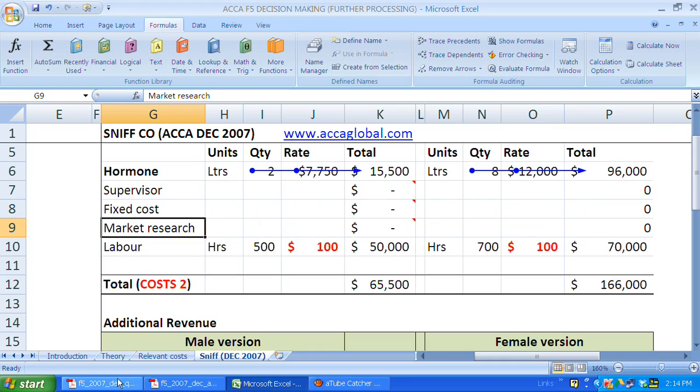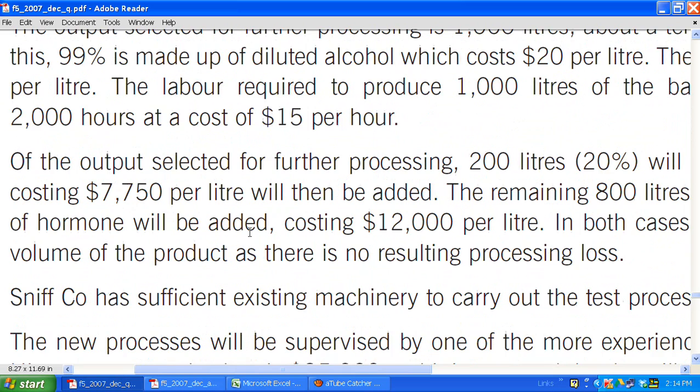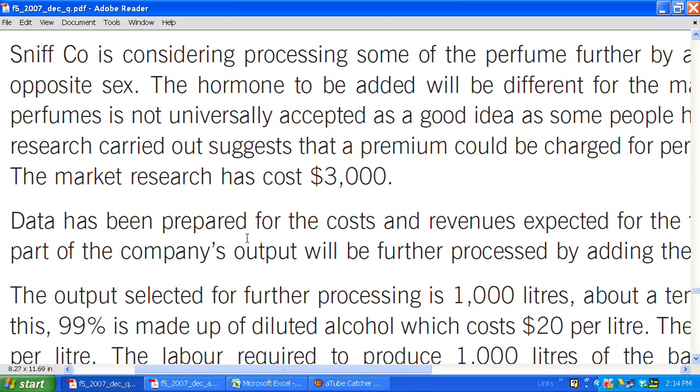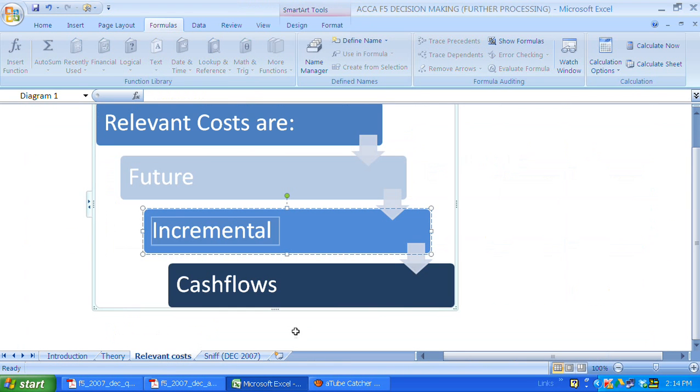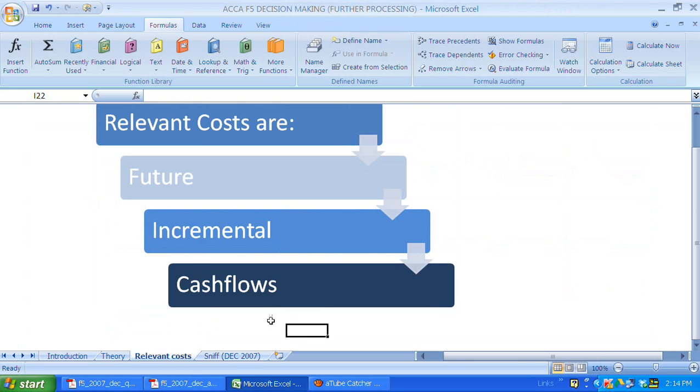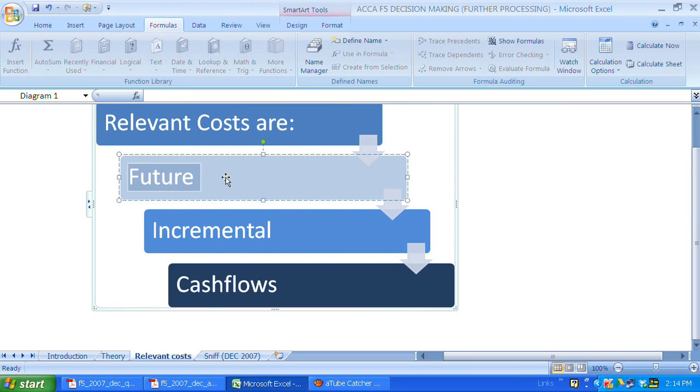About market research. Can you see the statement right here? The market research has cost 3,000. That means if we go back to our criteria of relevant costs, the market research does not pass the future criteria. It has already occurred.